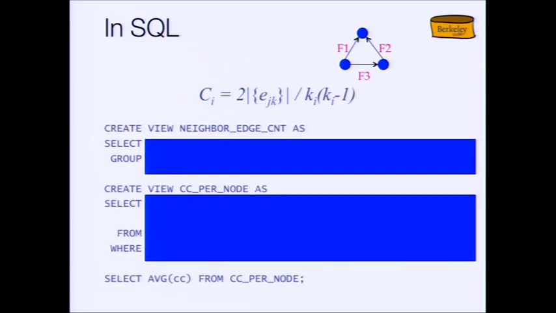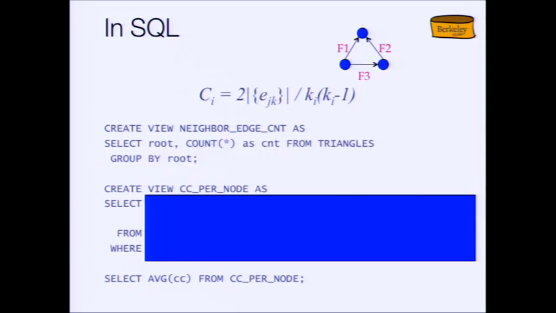So the neighbor edge count, this is the number of, well, actually, I forget what this is. Let's go look at this. We've root, count star as count from triangles. This is the number of edges adjacent to root that participate in triangles.